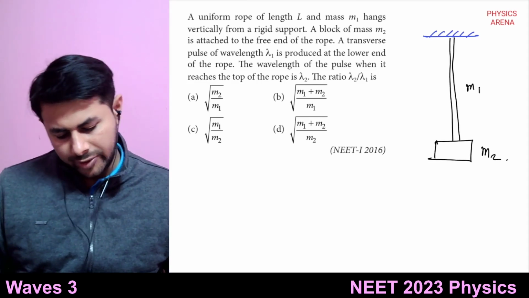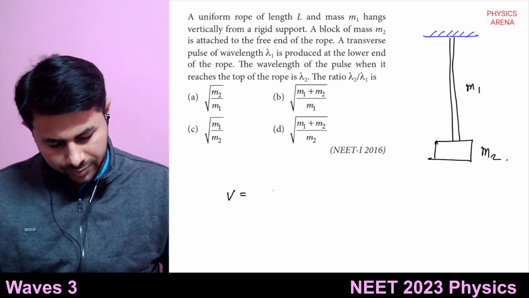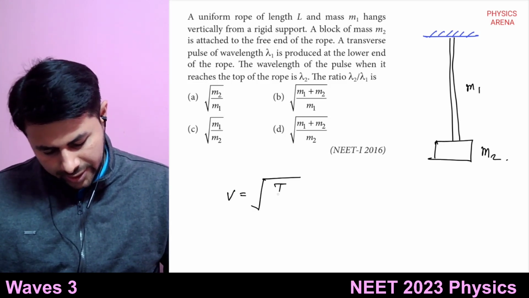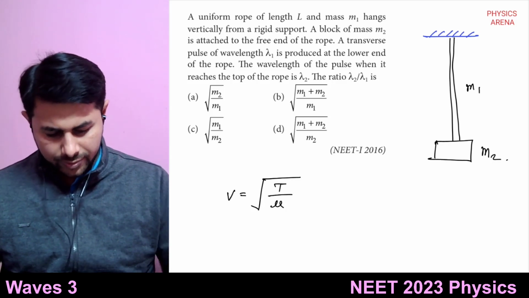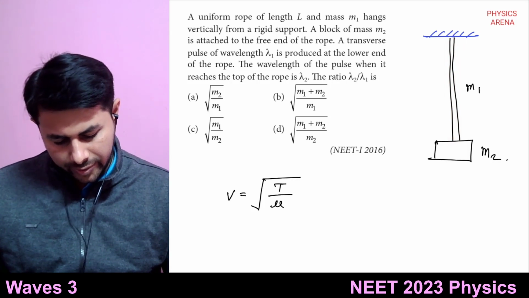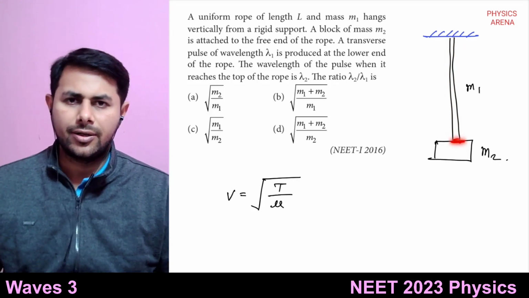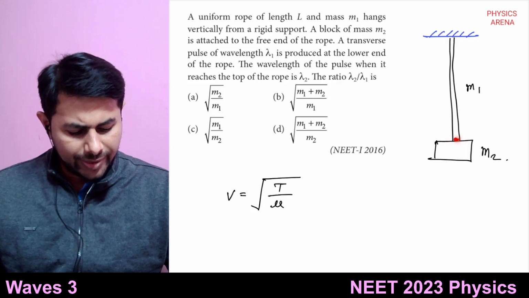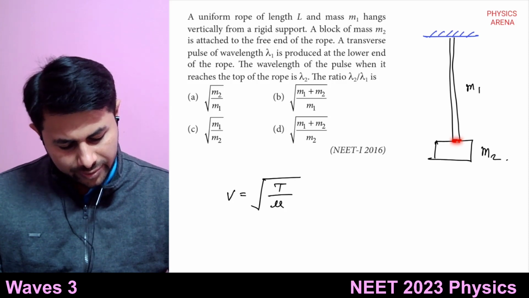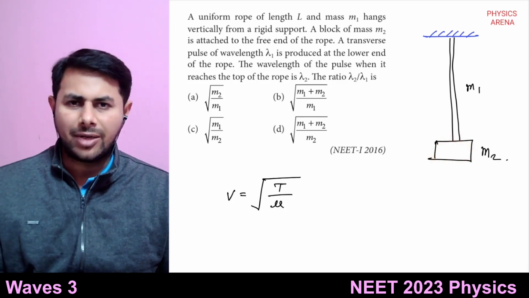See, we know V is equal to square root of T upon mu. This transverse pulse gets produced here. So what will be the tension at this point? How much is the weight hanging from that point?